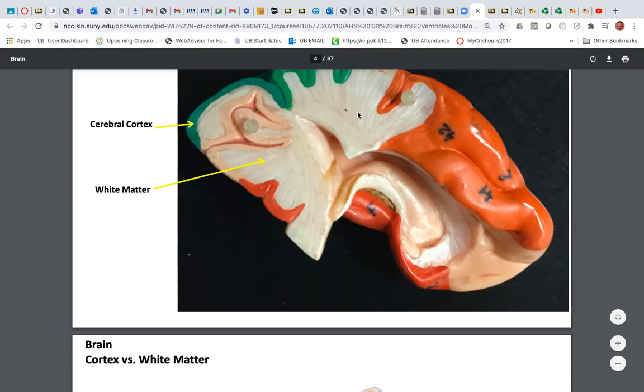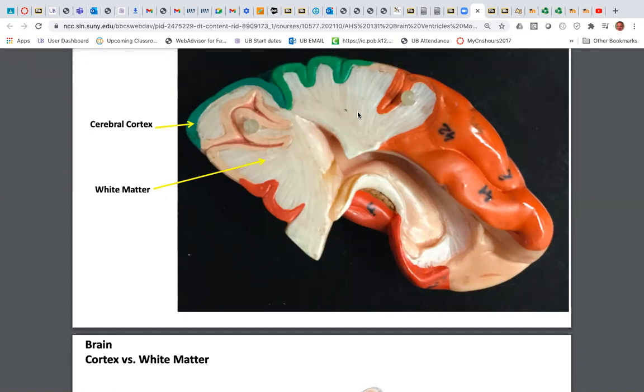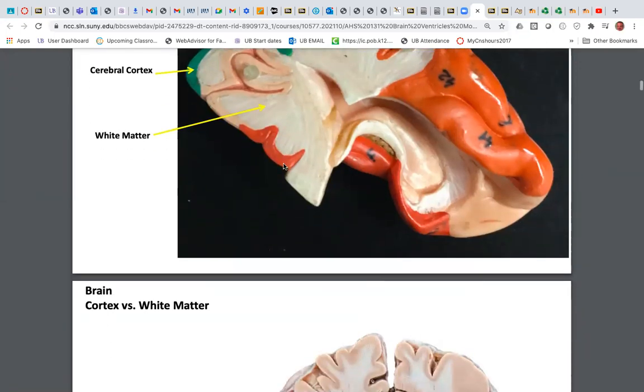So it's the exact opposite. The brain and spinal cord do this flip-flop. In the spinal cord, gray matter's in the middle, but in the brain, gray matter's on the outside. In the spinal cord, white matter is on the outside, but in the brain, white matter is deeper, on the inside.